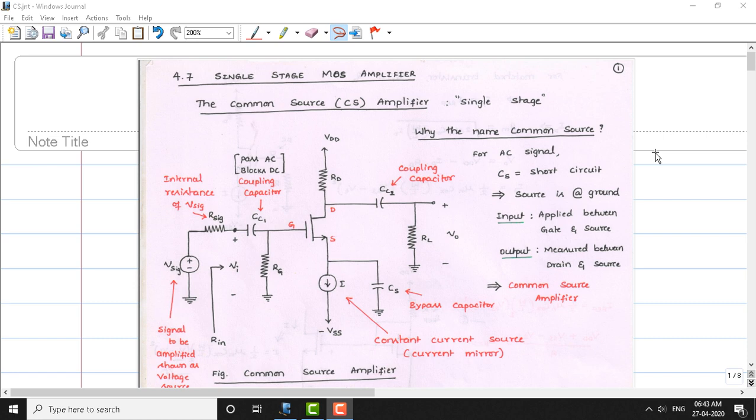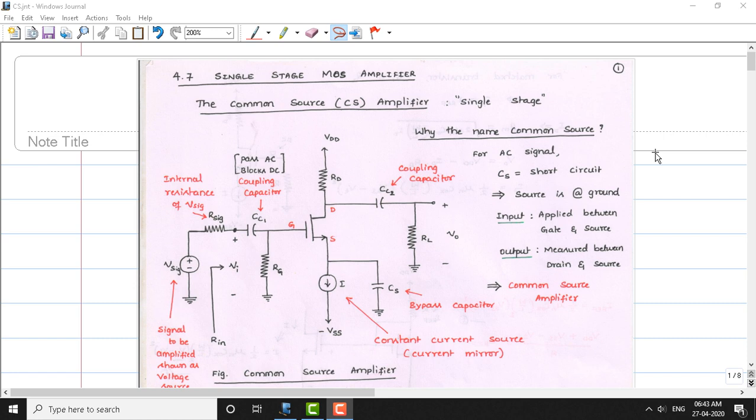In the last class, we started with module 2. Specifically, we introduced MOSFET amplifier configurations. We saw three different types of MOSFET configurations, namely common source, common gate, and common drain configurations. Following the various types of configurations, we discussed characterizing the amplifier.